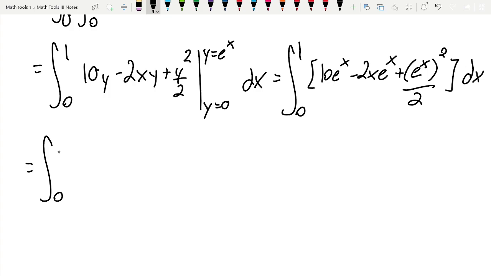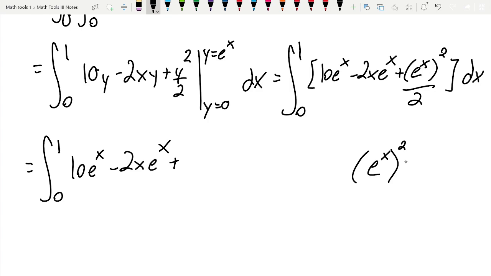That last one is something I want to call attention to. We will need integration by parts also, it looks like. Notice that this is (e to the x) squared, not e to the x squared. e to the x squared is not the same thing as (e to the x) squared, because of the order of operations here.